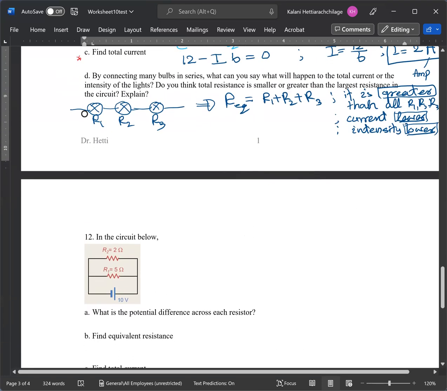Okay, so now let's move into number 12. Number 12, there is a circuit that you need to understand, where they are parallel to each other. So you have a 5 ohm resistor and a 2 ohm resistor. Connection is parallel. My first question is asking what is the potential difference across each resistor. So now it's very important in parallel resistance.